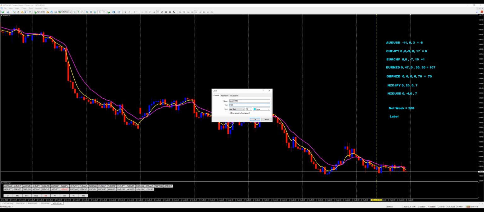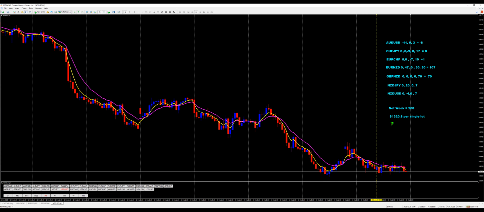$1,320, sorry. $1,320.8 per single lot. And if you're doing a $10,000 account, and you're doing let's say 0.1 of a lot, that's $132 on a $10,000 account.